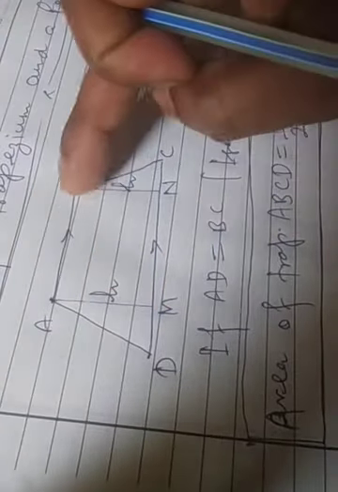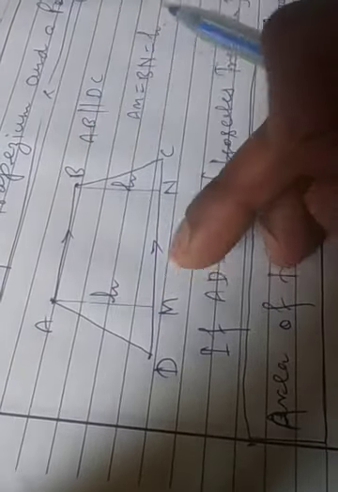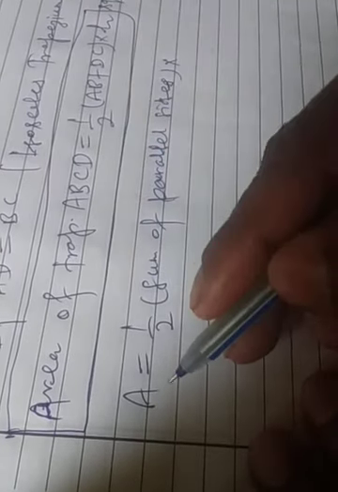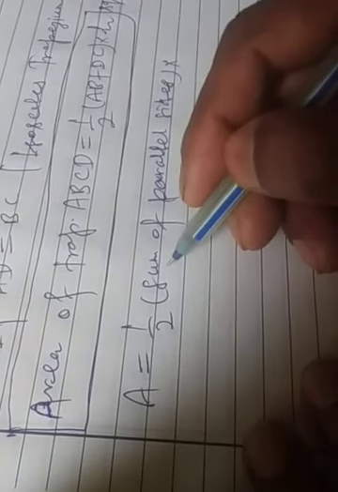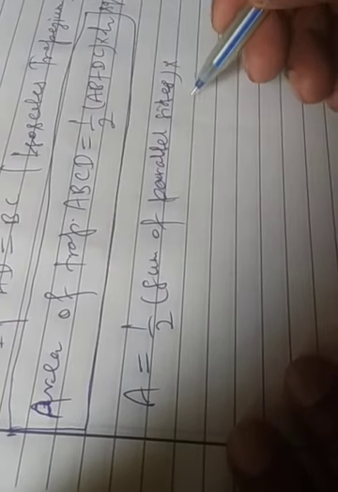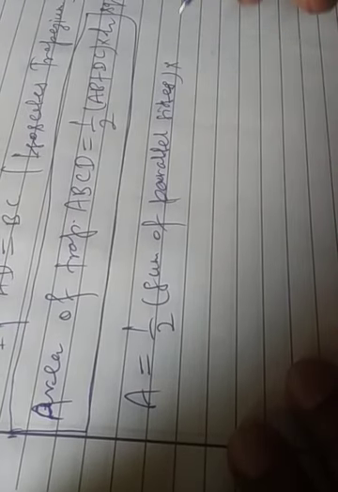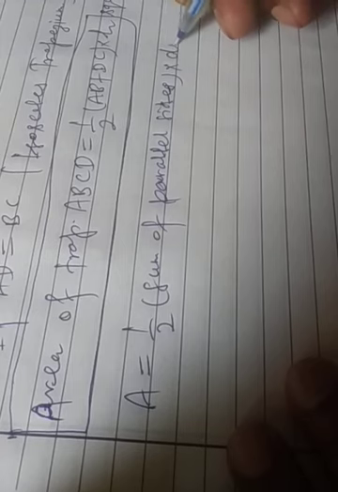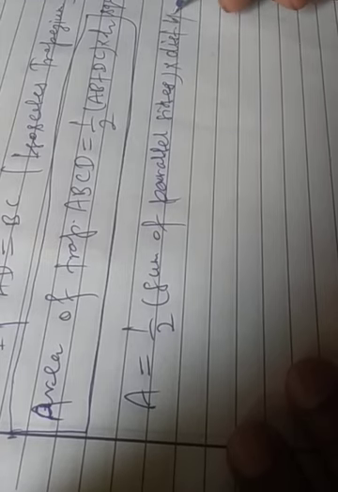We can also say that H is the distance between these parallel sides, H is the distance between AB and DC.